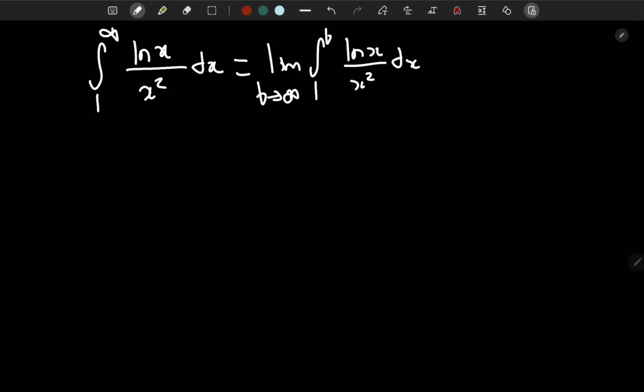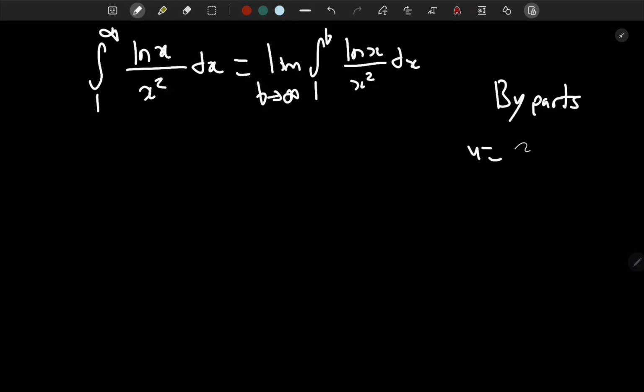So now the next step is to just integrate this part, the equation, and then we will place the limits inside. So now the way to integrate this is, we notice that we cannot use u substitution, so we need to integrate by parts. So we need to choose u and dv.